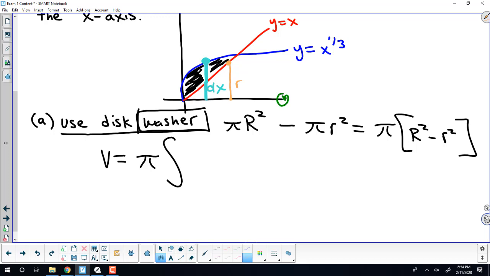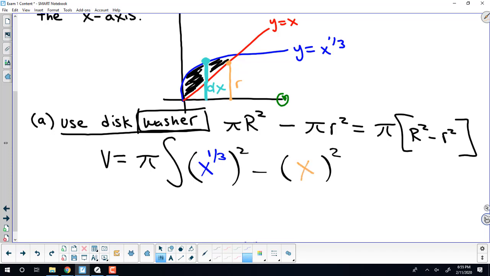So we have pi times our outer radius squared. Again, we're just measuring that distance. It's the top thing minus the bottom thing. So we have the cube root of x minus 0. So there's capital R, we want to square that, minus lowercase r squared, which is just x squared.